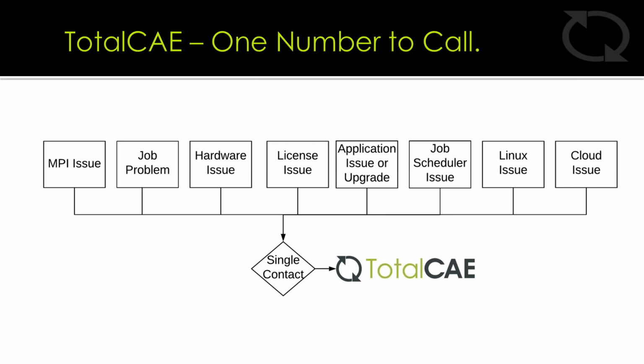It can be deceivingly simple when you look at the demo, but under the hood, if something goes wrong, you always have one contact, TotalCAE. We're going to figure out whether it's a cloud issue or an application issue, middleware, scheduler, Linux. There are a lot of different pieces that could go wrong. You just have one number to call, one email to send. We're going to help debug that, keep your engineers working, and help you coordinate tickets with the ISV in case there's a CAE application issue.